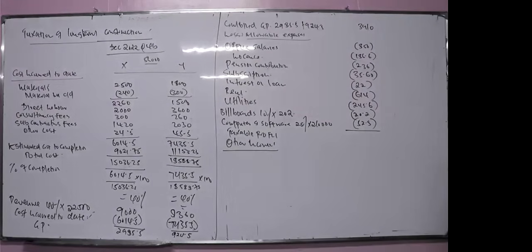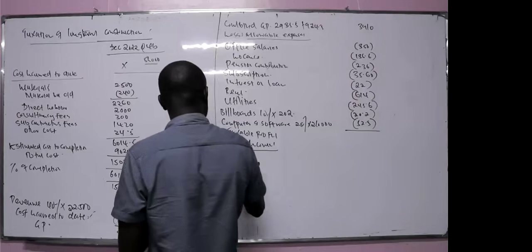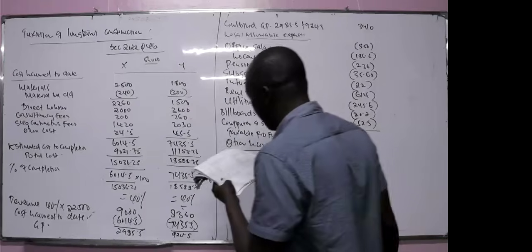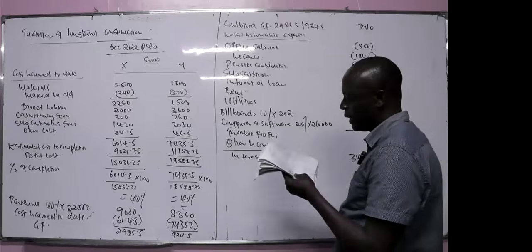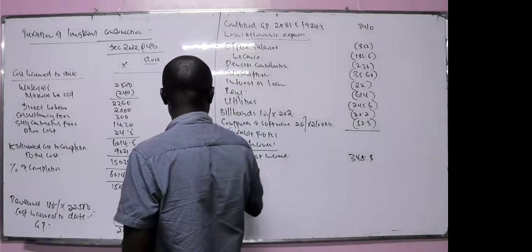Other incomes, interest income from Upland Bank. So that one is taxable, isn't it? Interest income is already given in gross form. 348.8. Dividend income from Lima Cooperative, taxable.